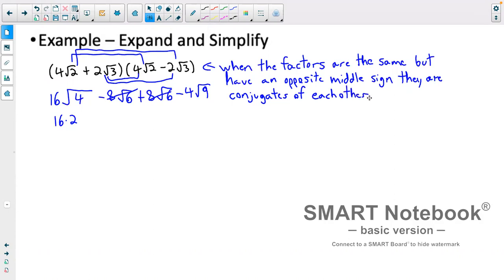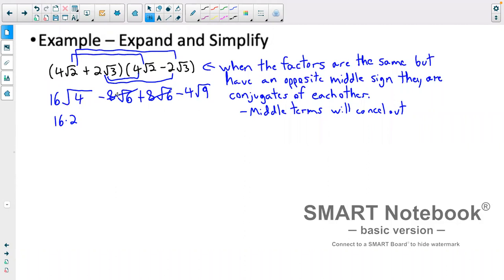Which produces a difference of squares and makes our middle terms cancel out. Now, like I said, that only happens if everything's the same other than our middle terms.